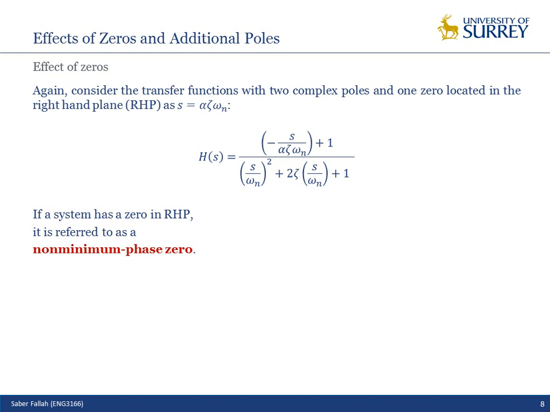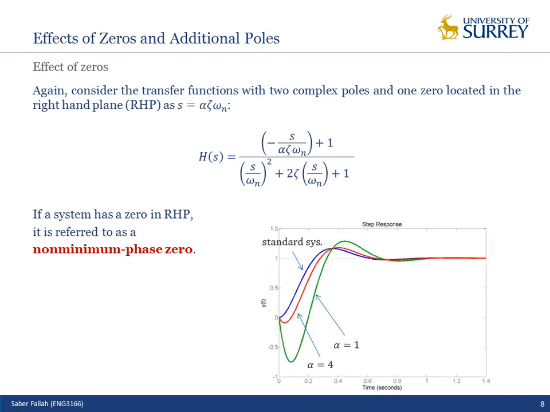Any question? So, how does a non-minimum phase zero affect the response of the system? Let's have a look. Again, for example, the blue line is a standard second-order transfer function.